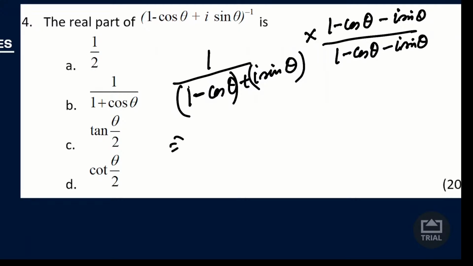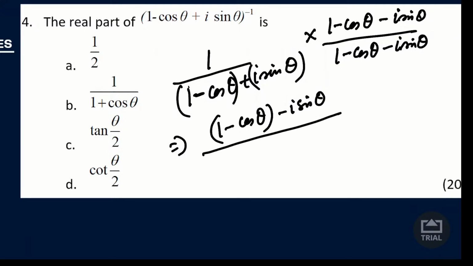Clear? So I'll get on top 1 minus cos theta minus i sin theta, and down, what will I get if I square it? 1 square plus cos square theta minus 2 cos theta, and here minus i square sin square theta. Correct?